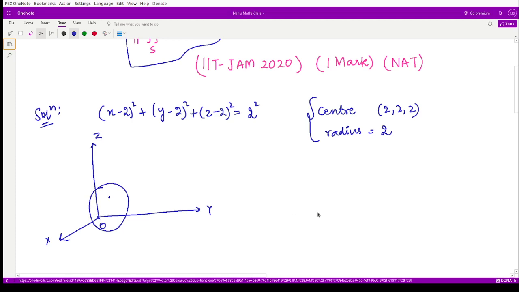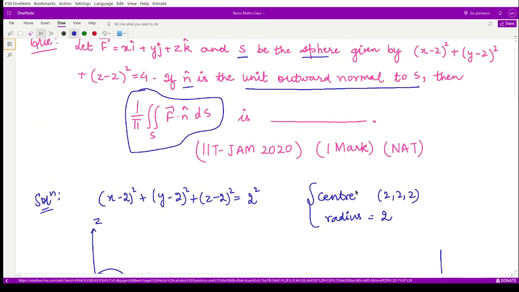So you can imagine the corner of a room. Suppose this is the corner of a room and a ball is lying over there in 3D space. So this is what your sphere looks like, having center at the point (2, 2, 2) and radius 2, right? So this is our sphere that is given to us.